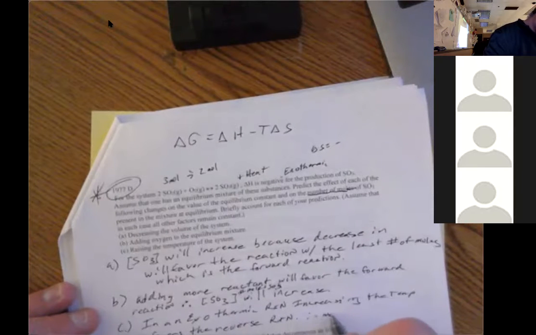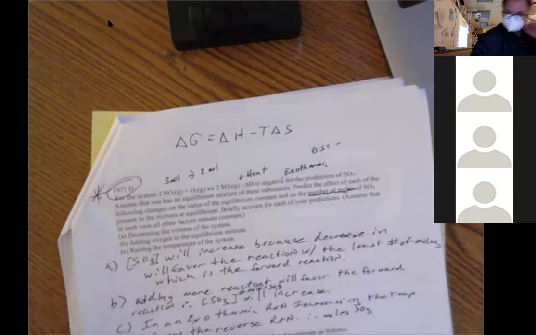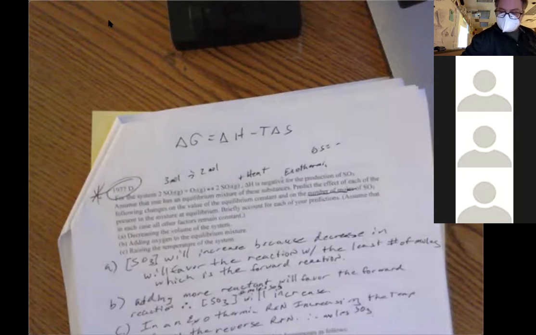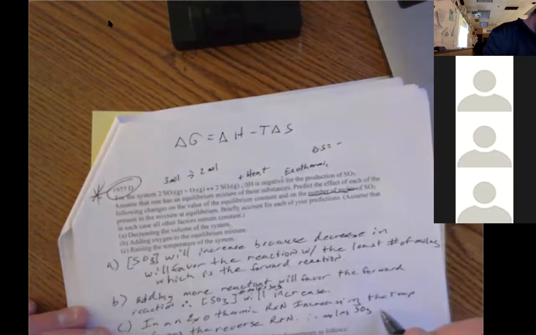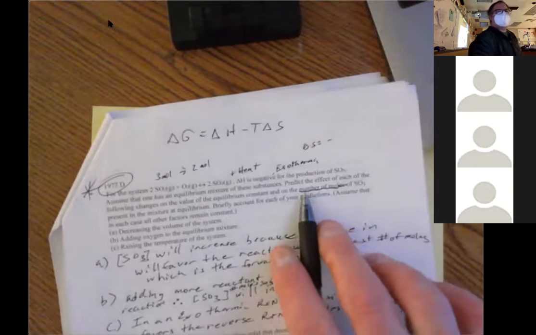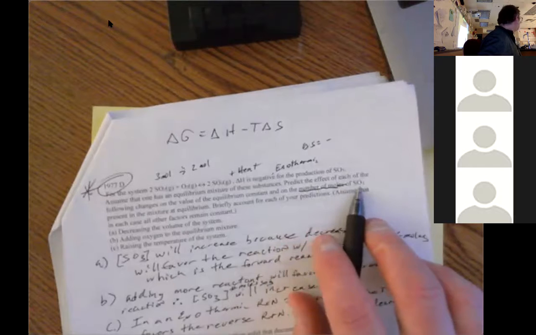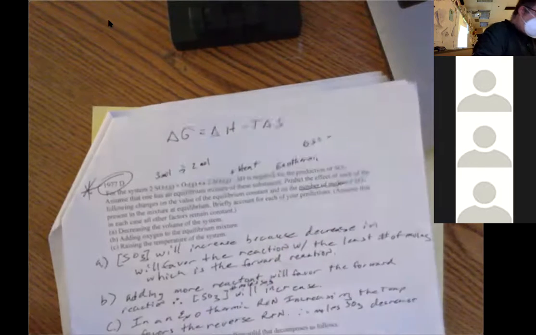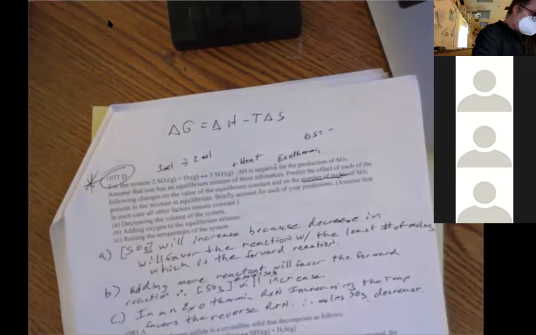Therefore, moles of SO3 will decrease. You could put concentration, but again, it actually says what happens to the number of moles.